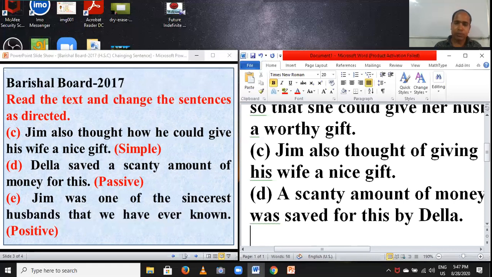Going to the next step, question E. The students notice: Jim was one of the sincerest husbands that we have ever known. You have to change it into positive degree according to the order.